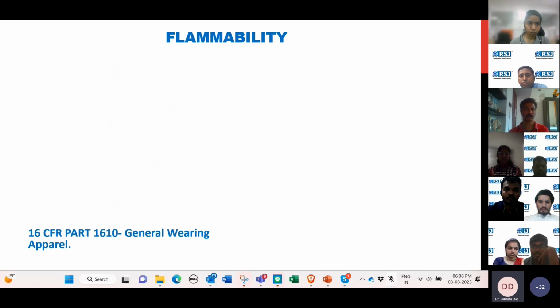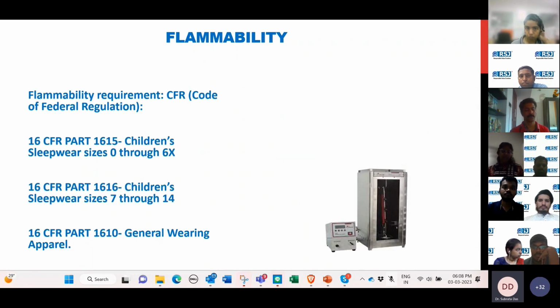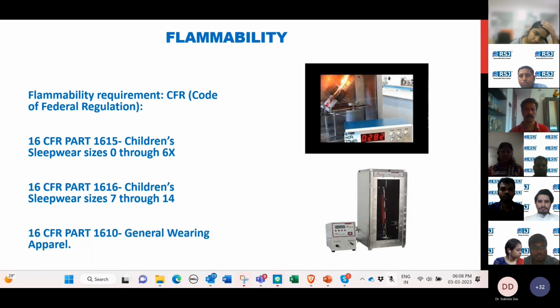Now, so far we have talked about the physical safety and the chemical safety of children's apparel. But there is another very important thing that children's apparel must fulfill, which is the flammability requirement. When you are talking about the flammability requirement, there are two aspects of it.